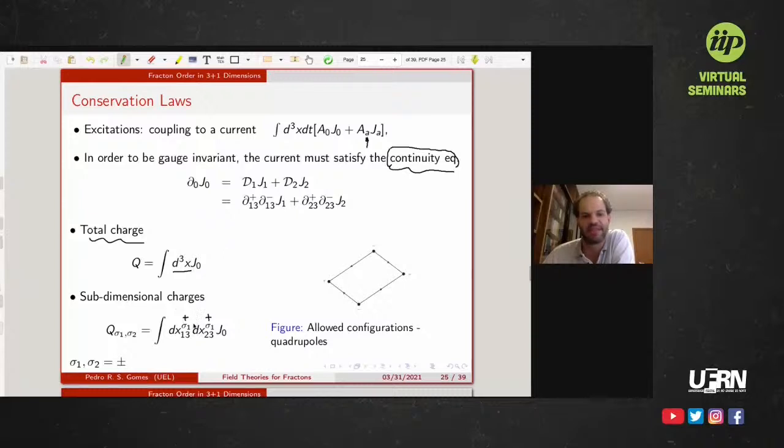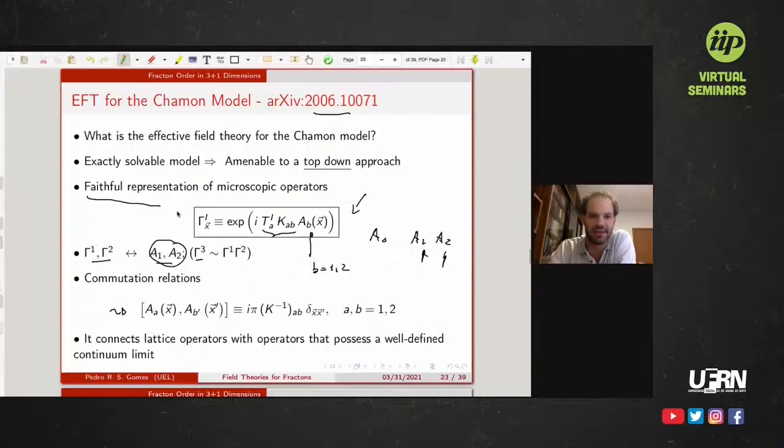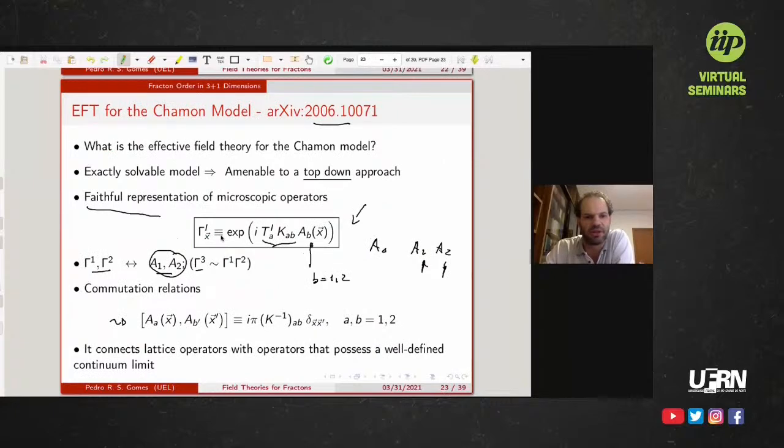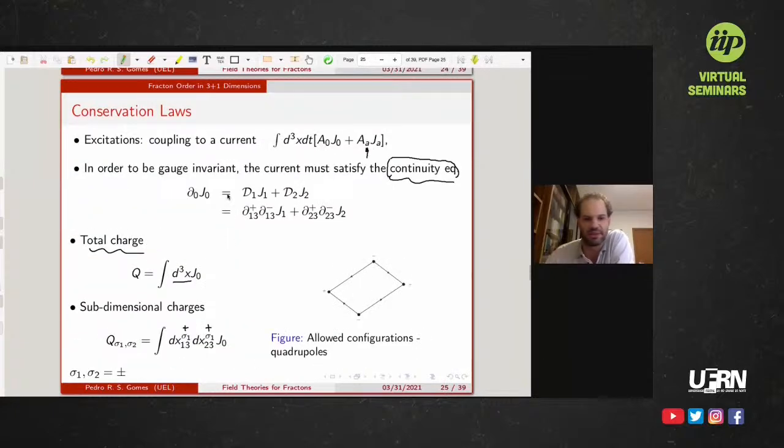We have identified the layer structure. It's not a layer structure like in this trivial case, because this is organized in a trivial way. But consider the layer structure of this model. I will try to represent here a three-dimensional picture, and the layer structures are spatial slices like this.